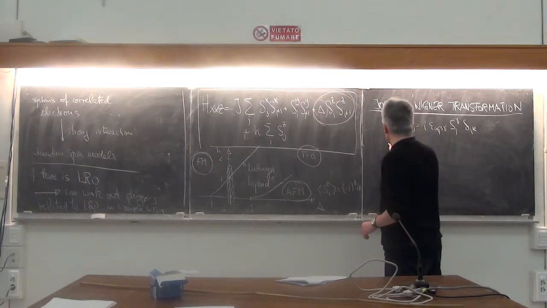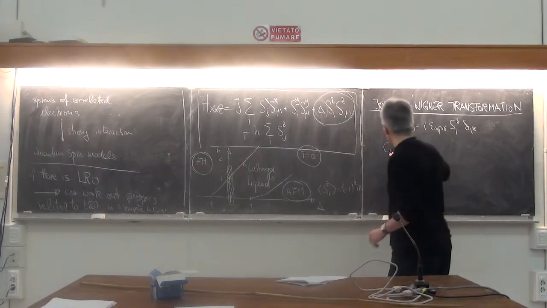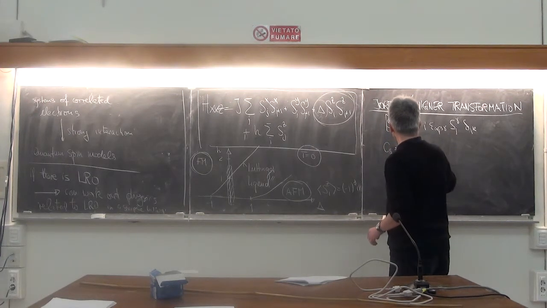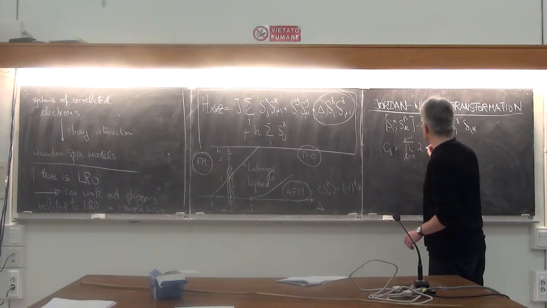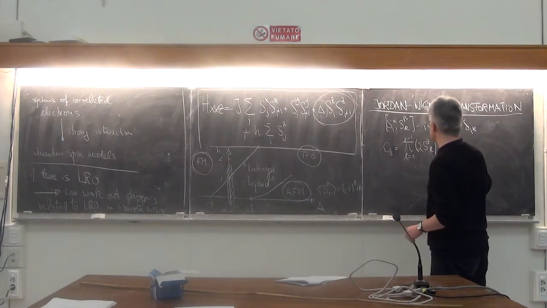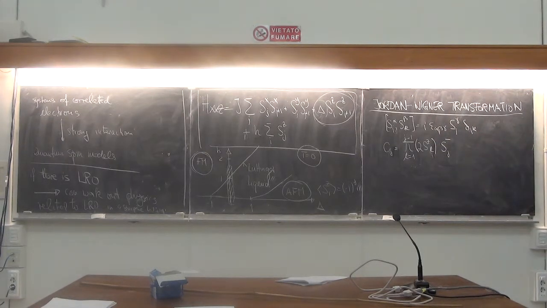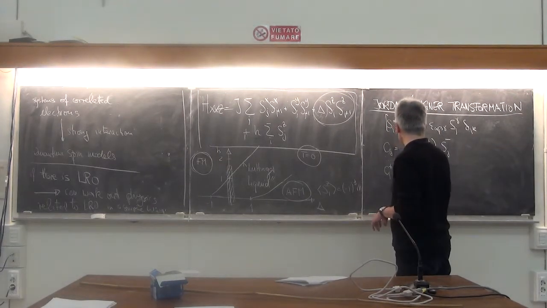Now what I do is I just define some operators as follows: c_j = ∏_{l=1}^{j-1} (-2 S_l^z) S_j^-. I just define such operators, and c_j† is just the Hermitian conjugate.